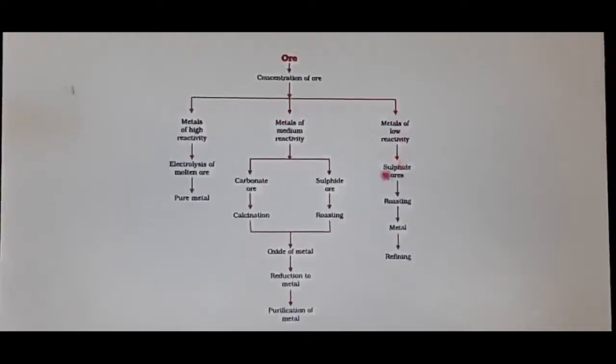If their sulfide ores are there, mostly they are available in their free state, but if they are in the form of their sulfide, then roasting is done. This is done directly by heating. We'll understand it while doing the chemical reactions and chemical equations of them.